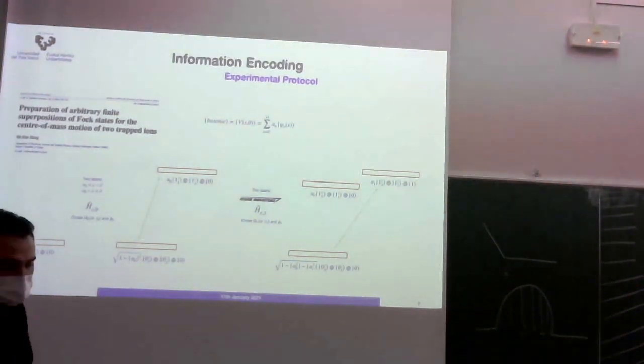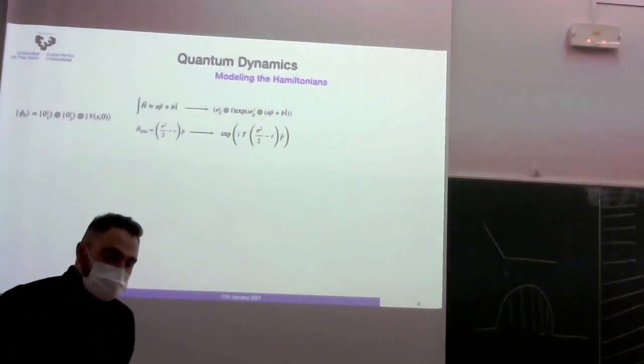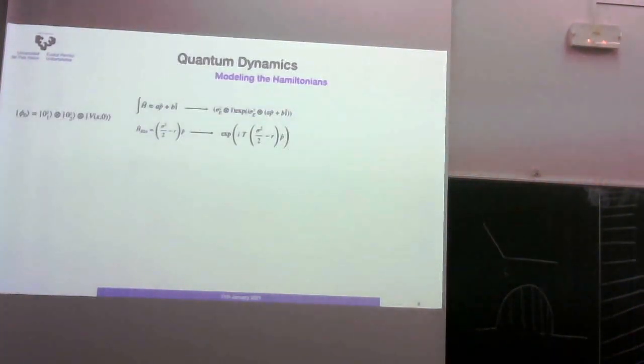So now that we have loaded the information, we need to perform the dynamics. Basically, the Black-Scholes Hamiltonian will act on this state that has both zeros for the spin state and the initial condition loaded in the bosonic part.